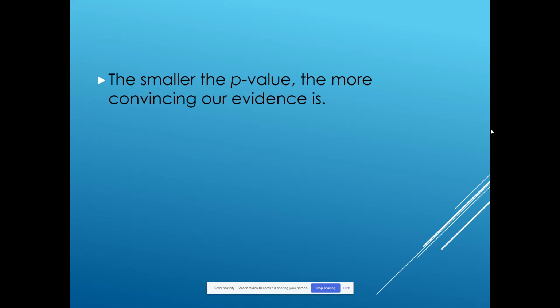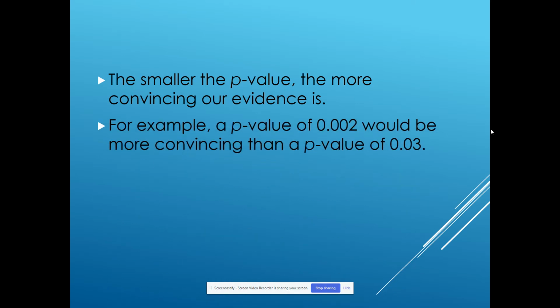So that means the smaller the p-value, the more convincing our evidence is. If our p-value is 0.002, that would be more convincing than a p-value of 0.03, because the first is a 0.2% chance that random chance caused it to happen, whereas a p-value of 0.03 means there's a 3% chance that it's by random chance.